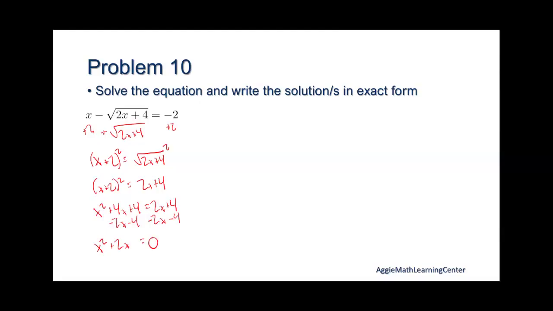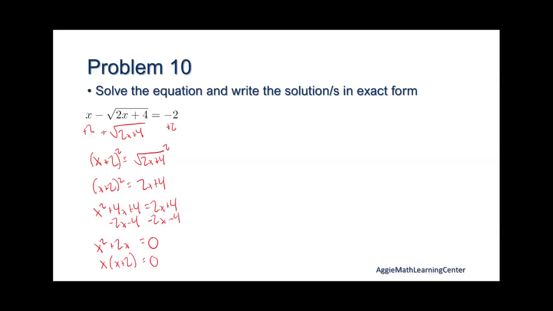Okay. What step do we want to do now? We can take out an x on the left side. x times x plus 2 equals 0. And that is a factored form.